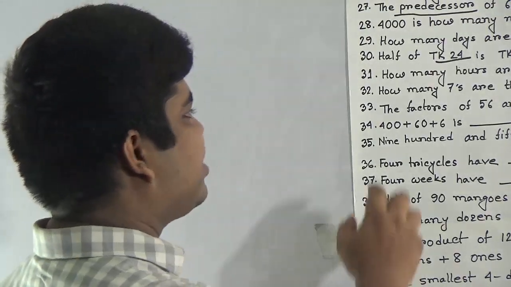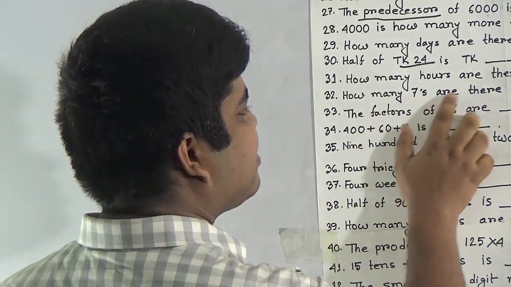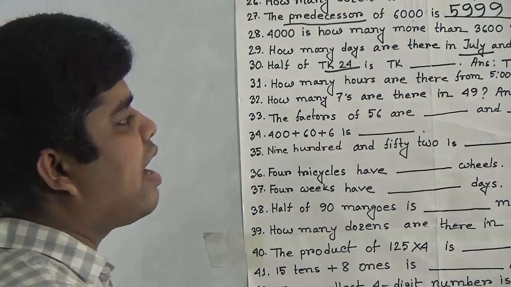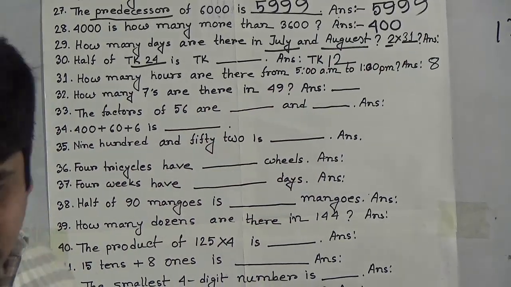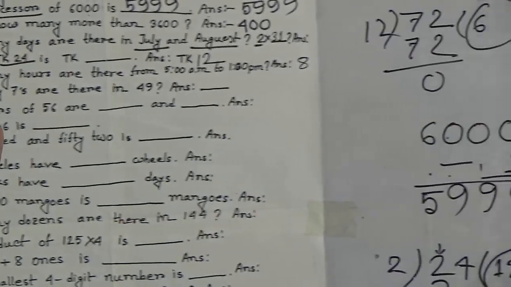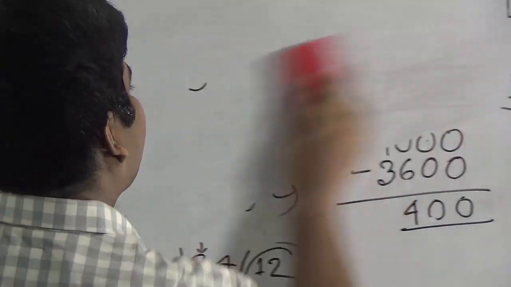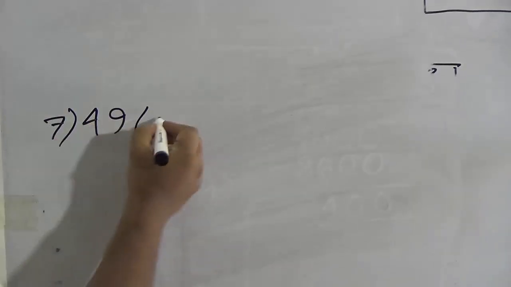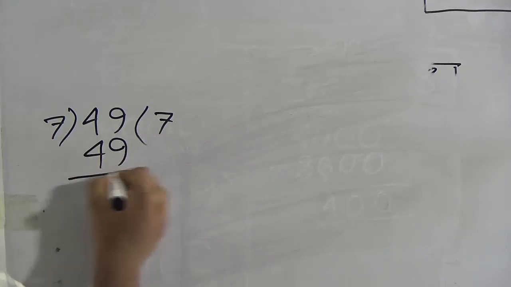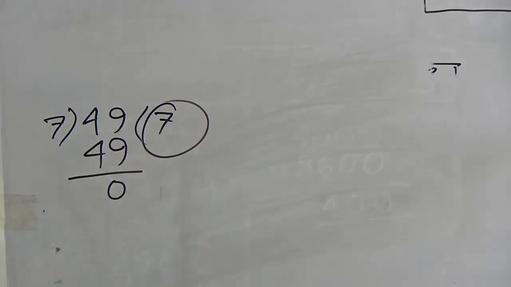Now we come to this question. How many 7s are there in 49? So we divide 49 by 7 and we get the answer. 7 sevens are 49. So there are 7 sevens in 49.